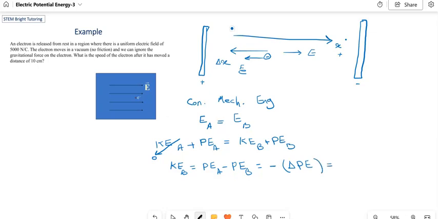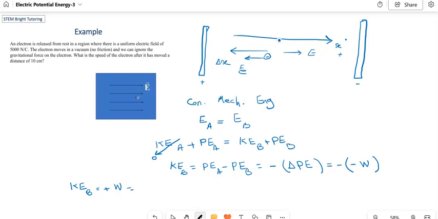We know that the change in the electric potential energy is equal to the negative sign of the work which is done by the electric field in this displacement. So the final kinetic energy is going to be equal to the positive sign of the work done by the electric field, which is related to the work-energy theorem.